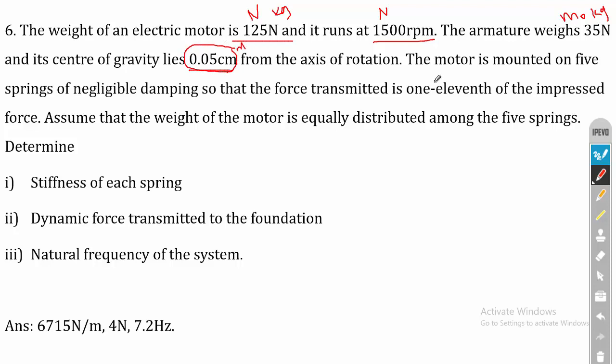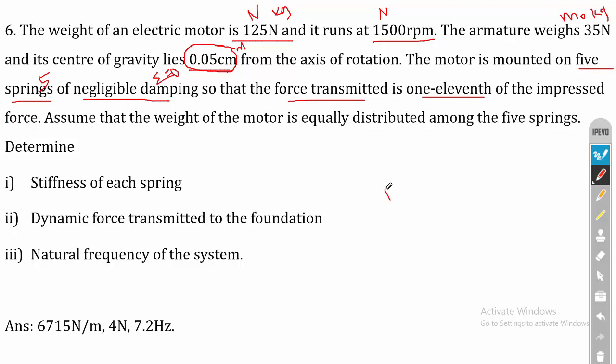Okay. The motor is mounted on 5 springs, so totally there are 5 springs of negligible damping. So the damping factor is 0 because there is no damping. So that the force transmitted is 1/11 of the impressed force.